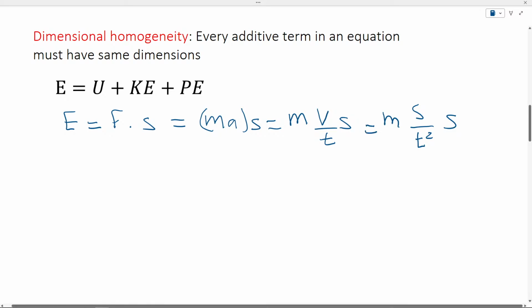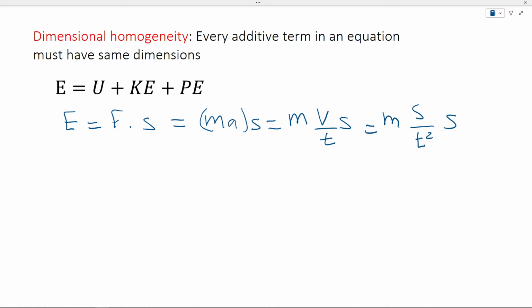So energy is force times distance. Force is mass times acceleration, times distance. Here I can express acceleration as velocity over time, and velocity as distance over time squared, and then times distance.